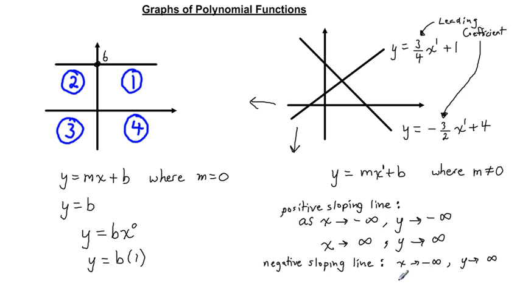And as the x values get really large, that is, they approach positive infinity, the y values approach negative infinity. And this will be important notation as we start to classify quadratics next, and then cubics and quartics and quintic functions, and really looking at leading coefficients and the degrees of these polynomial functions.